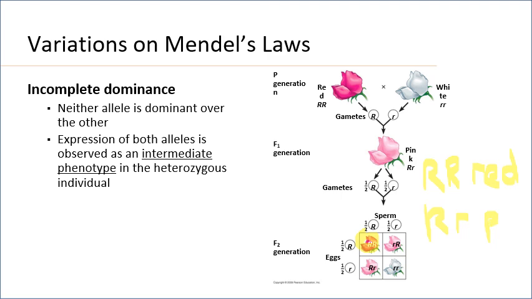I'll just put a P there. And then if you have two little r's, that's going to make you a white flower. So it's a neat twist on what we've seen in the past, where there's really no dominance. It's going to do something completely different. Because of that, we're going to use different letters to represent the alleles.